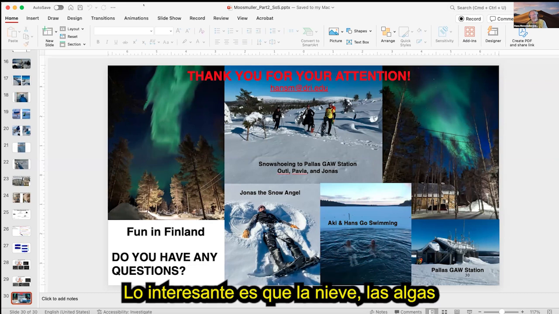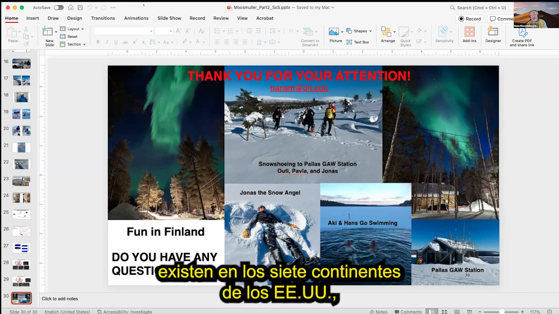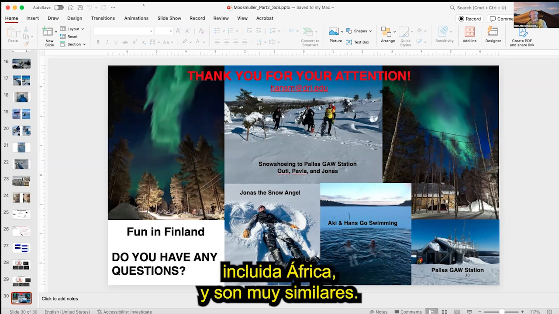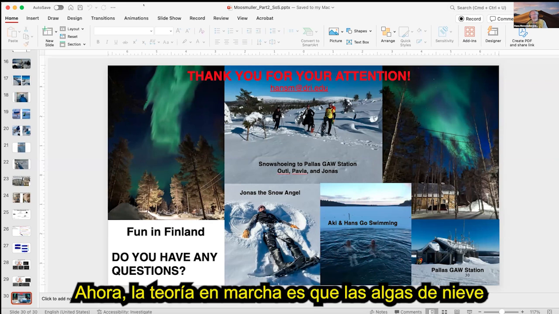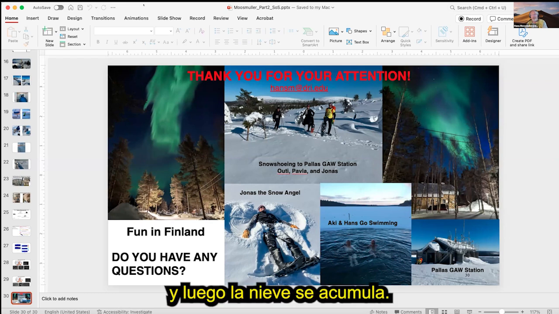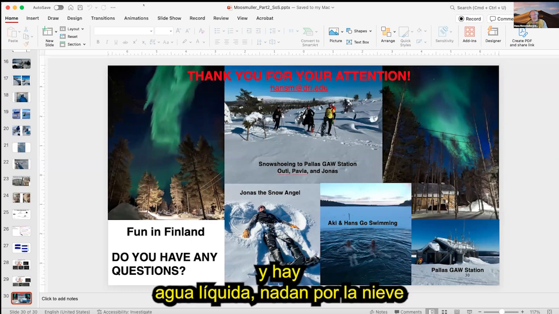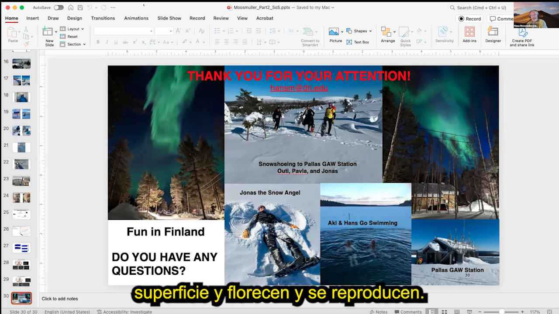The interesting thing is that snow algae are there on all 7 continents, including Africa, and they're very similar. Now, the going theory is that snow algae just spend their summer vacation on the ground, and then the snow accumulates. Once the snow becomes isothermal and there's liquid water, they swim to the snow surface and bloom and reproduce.